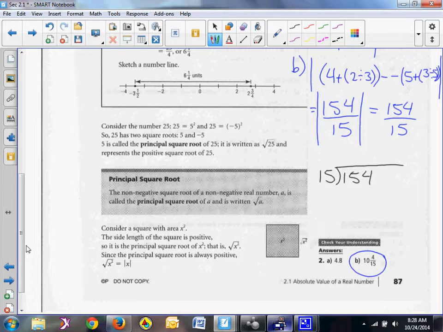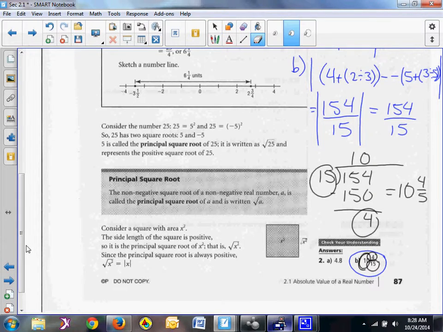Well, it goes 10 times. So that's where we got the 10 part. 10 times 15 is 150. Then 154 minus 150 is 4. So that's where we got the 4. And then the denominator always stays the same. So that's how we got 10 4/5. Again, you can just leave your answer as 154 over 15, and that's perfectly fine.